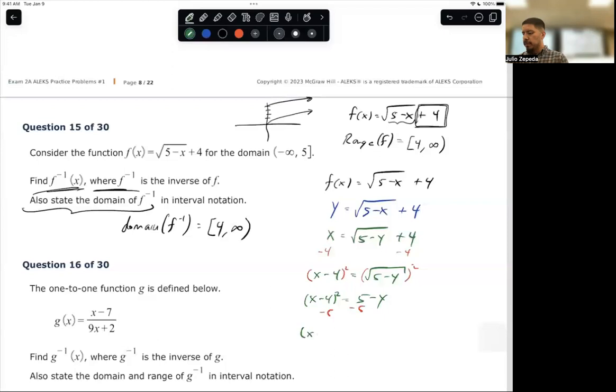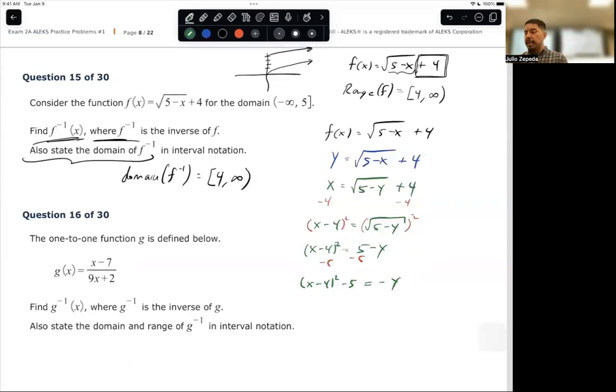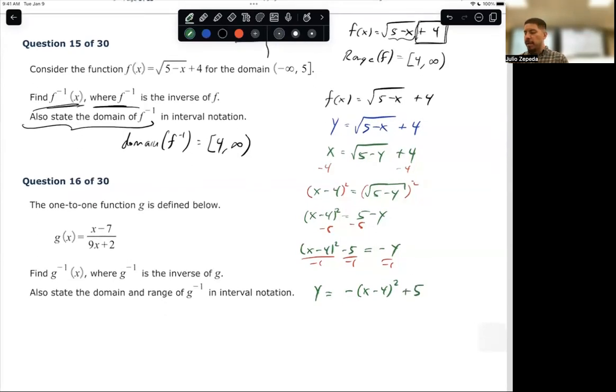So we get x minus 4 squared minus 5 equals the opposite of y. Divide by negative 1. So I'll flip it around here. y equals negative (x minus 4) squared plus 5. And then the last step was to just replace y with f inverse of x.